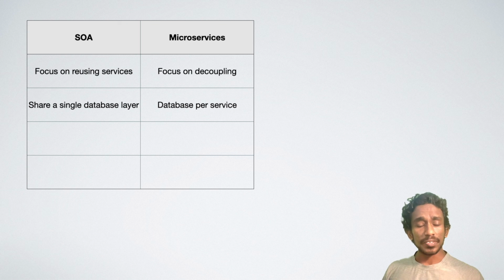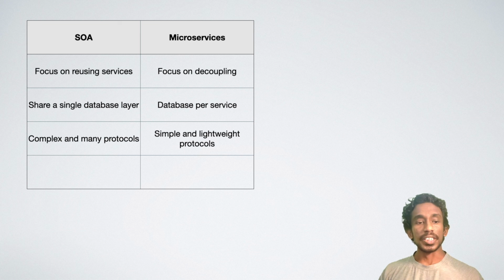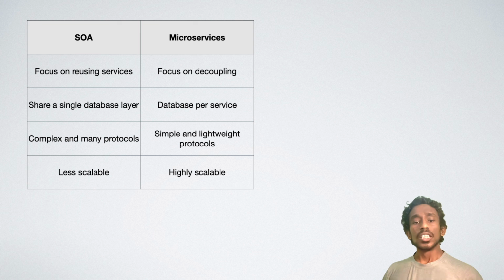But for microservices, you need to have a separate database for each of these services to improve decoupling. Service-oriented architecture uses many protocols in communication like SOAP, JMS, XML, but microservices use lightweight protocols such as REST APIs and gRPC. Since microservices are much smaller than service-oriented architecture services, you can easily scale up and scale down the system as your requirement.